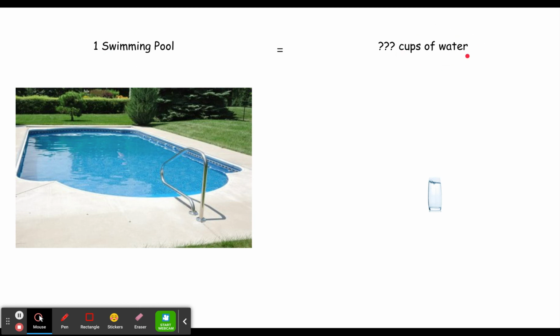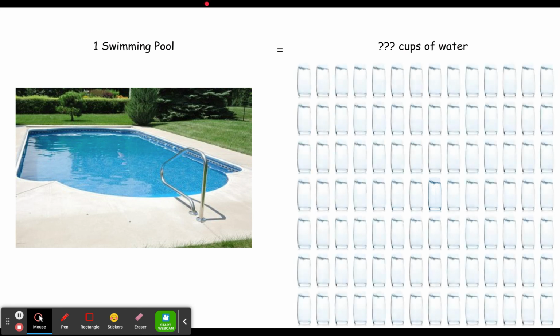A swimming pool holds a whole lot of water. A cup holds a little bit comparatively. So this is a bigger unit. This is a smaller unit. When you're going from a bigger unit to a smaller unit, you're going to need more of that smaller unit, right? We all know it's going to take a whole lot of cups of water to equal a swimming pool.